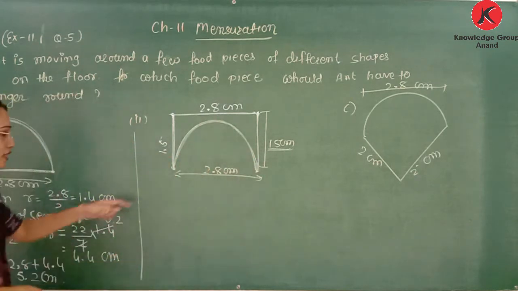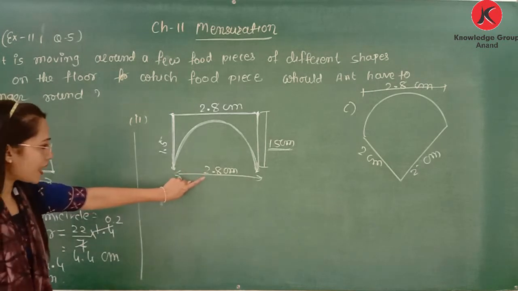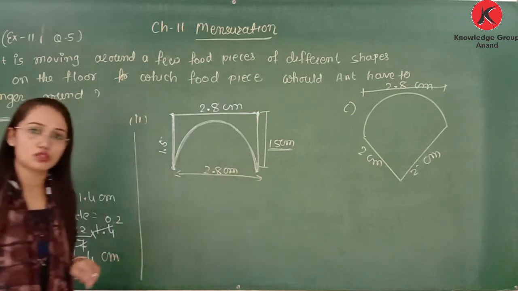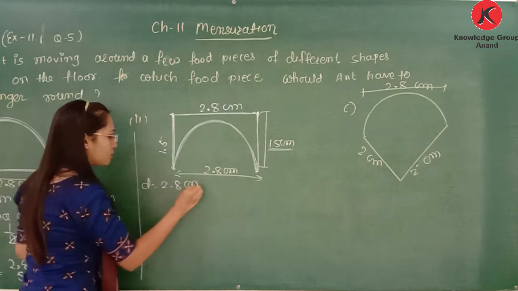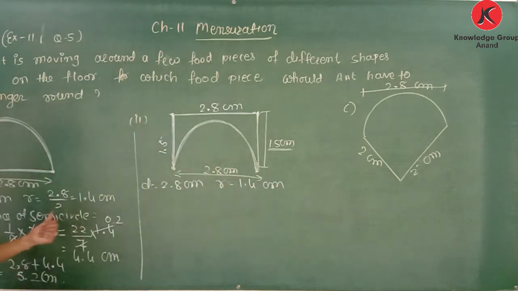Now we already found the circumference of a semicircle with radius 1.4. This is the diameter, 2.8 centimeter, so the radius is 1.4 centimeter. We already found this in the first one.